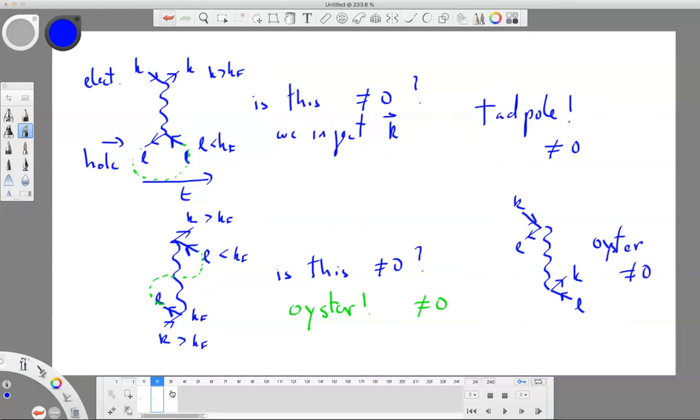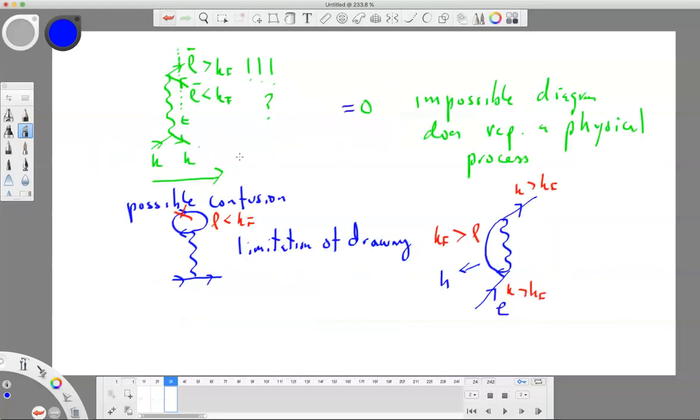So these are basically the kinds of things that can happen, and you can discard them by using the arguments we just made.